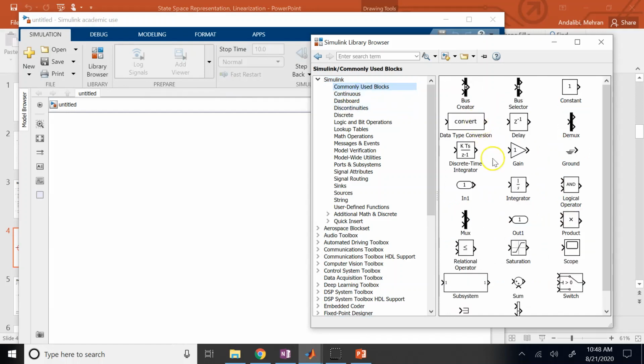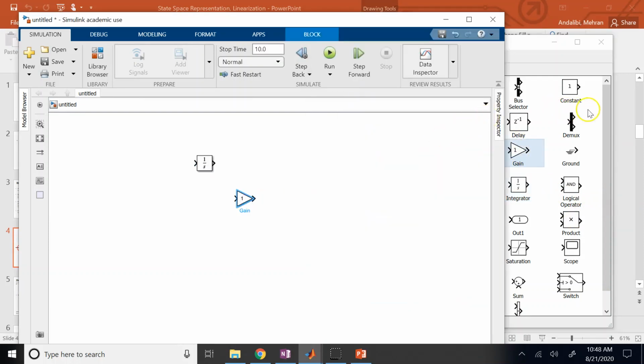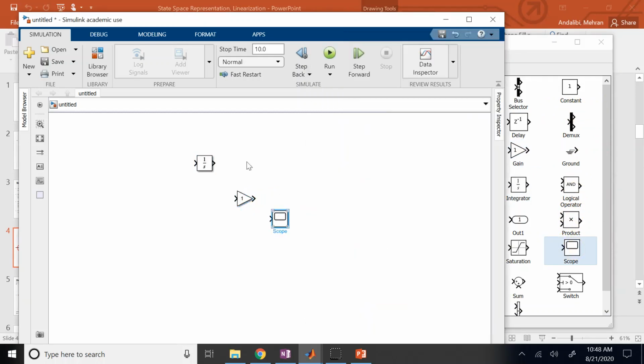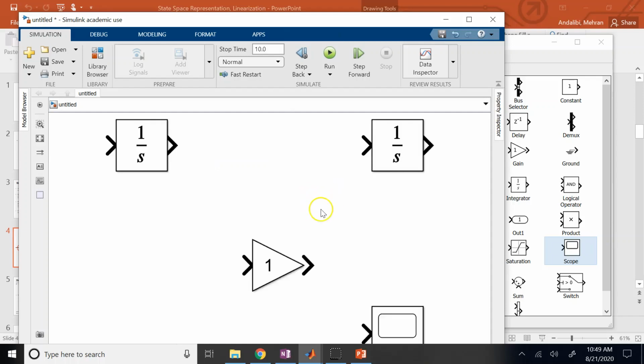So what we need is an integrator or two integrator blocks. Then we need a gain, and then we need the scope block, and I guess that's it. I add one more of that, right?